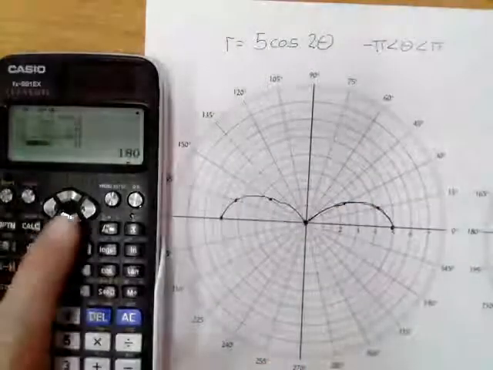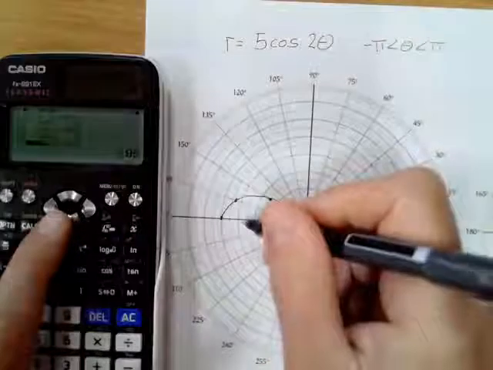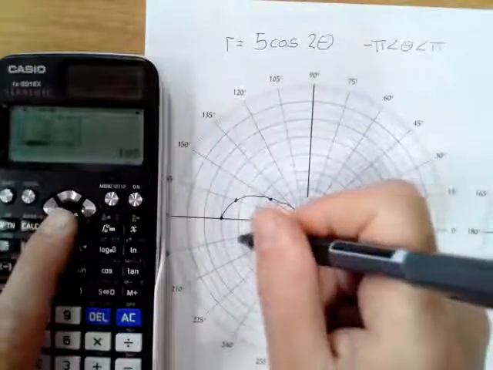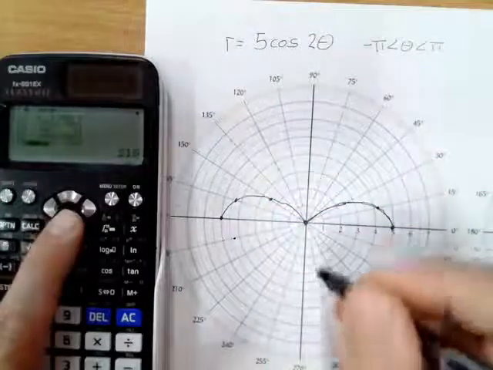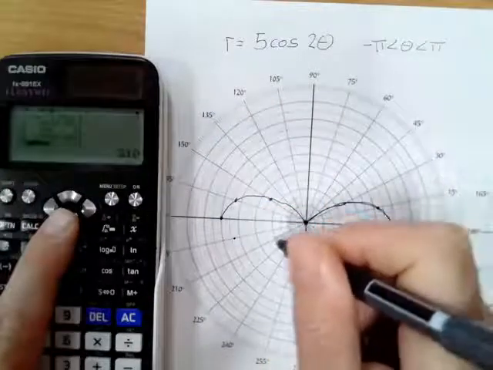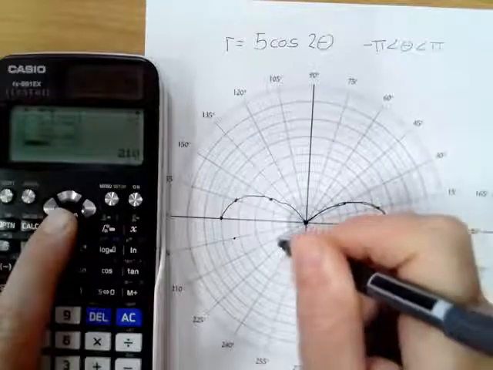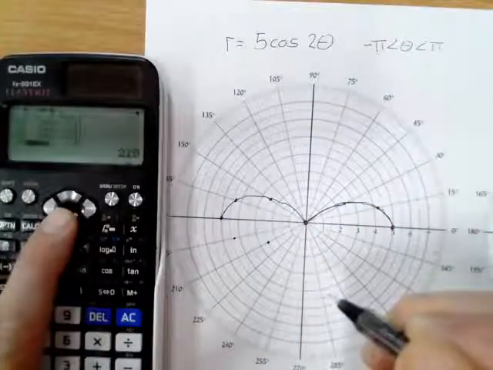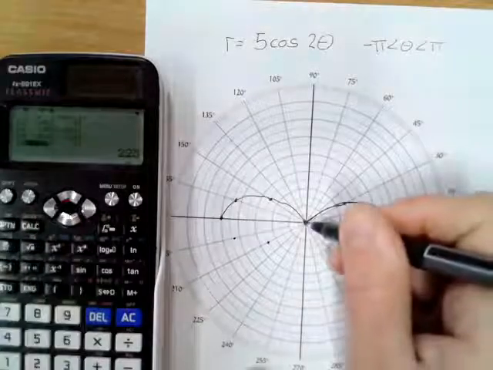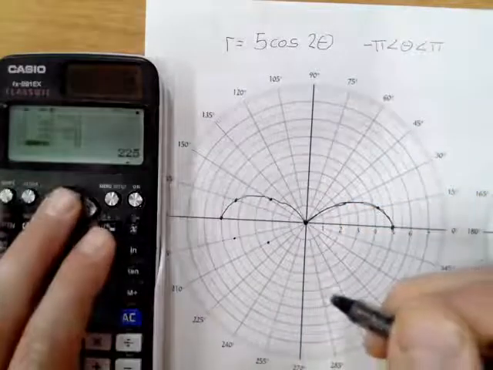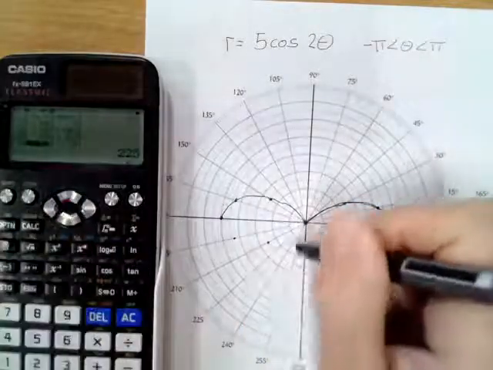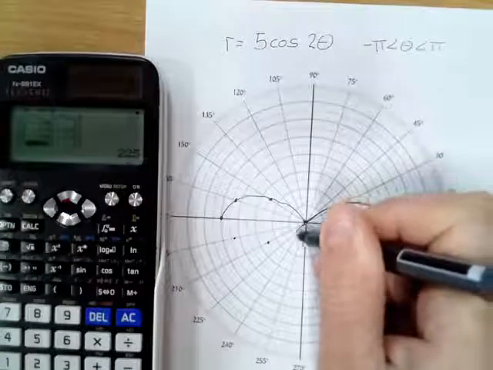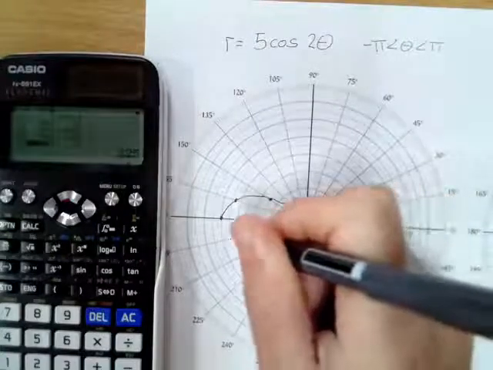If I keep going, you can probably work out what's going to happen next. The next one is 4.3, then I get 2.5. This is there. Then I get 0, which is, oh, I messed that up. No, I haven't. 225 is 0, so that's that one there. So it comes round, something like that.